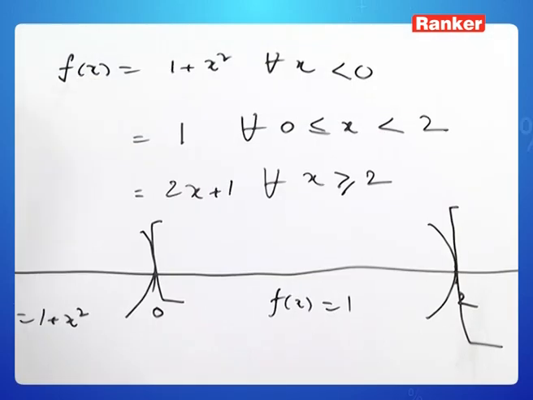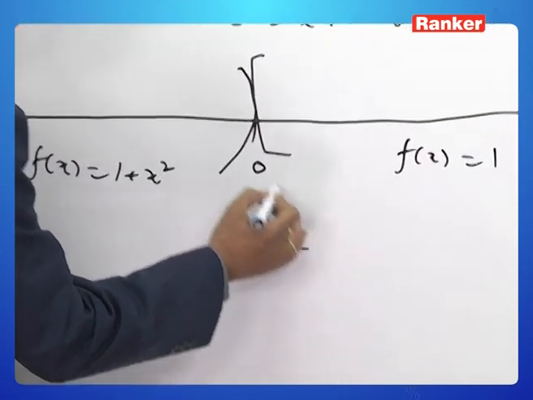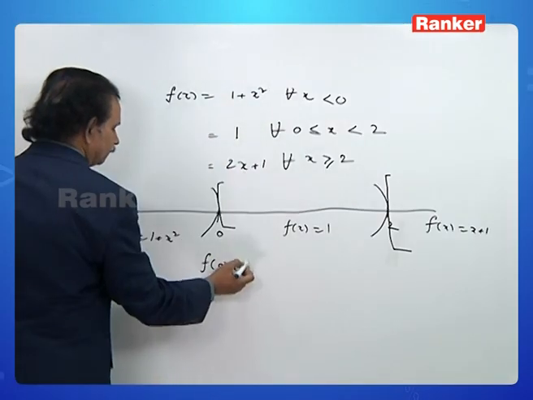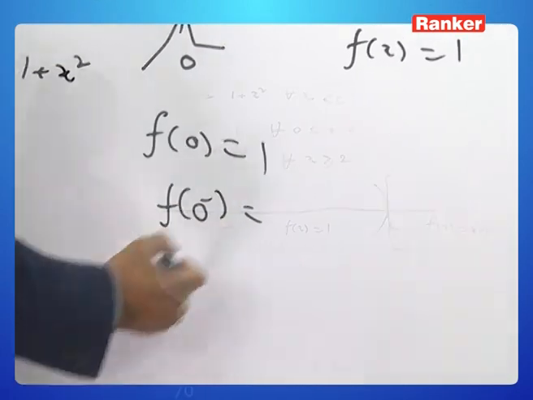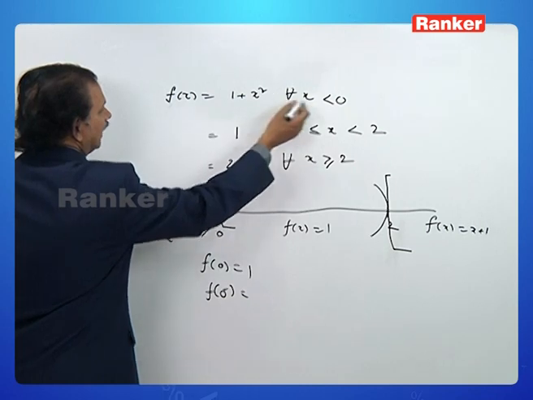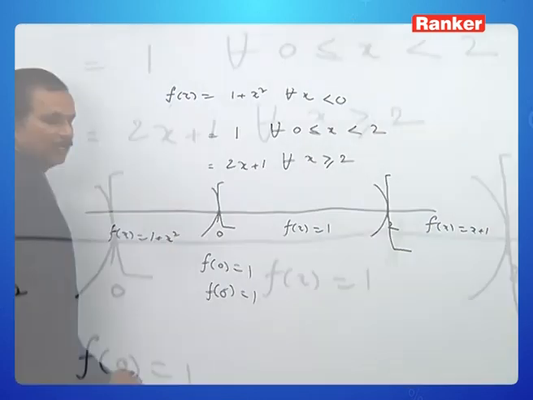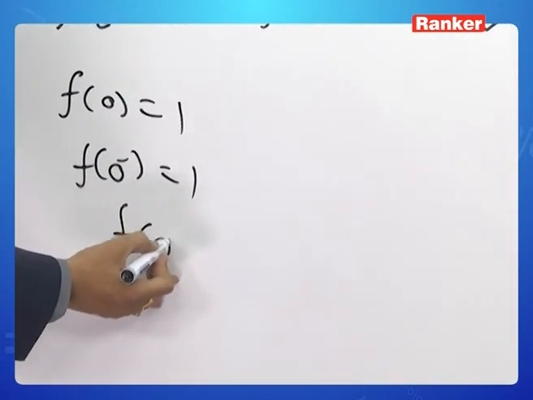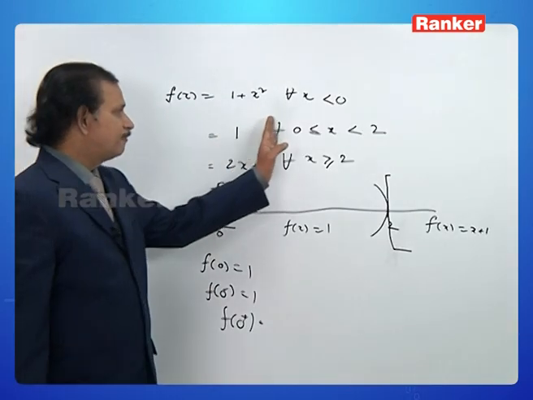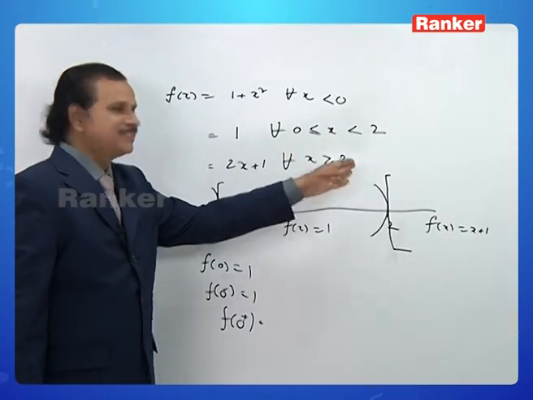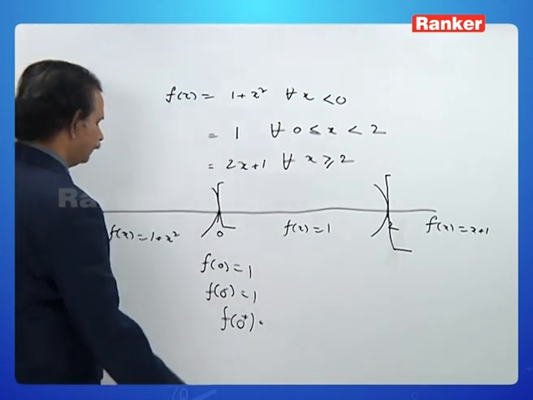Again, let us look at it: f of 0 is 1. f of 0 from left, as it is to the left of 0, 1 plus 0 square, 1. f of 0 from right, more than 0. This is the region, and in this region f of x is a constant function, of course 1.